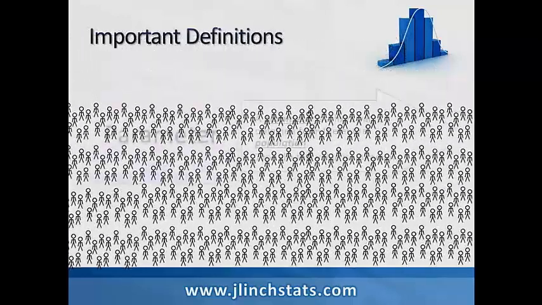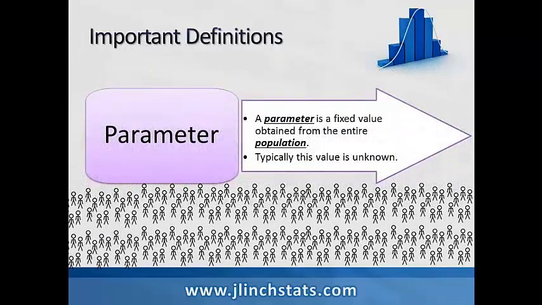Let's begin with the definition of parameter. Now, a parameter basically is a fixed value obtained from the entire population. And typically, this value is unknown. When we talk about parameters in the study of statistics, we're talking about values that actually come from an entire population.